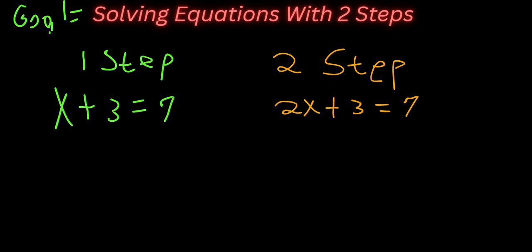Okay, when you look at these, what do you notice? Well, you'll notice that on the left side, we have one operation, that's addition. And on the right side, we have two operations taking place, addition and multiplication. So that complicates what we learned in the previous lesson with one-step equations.